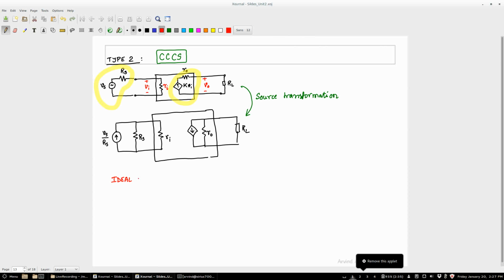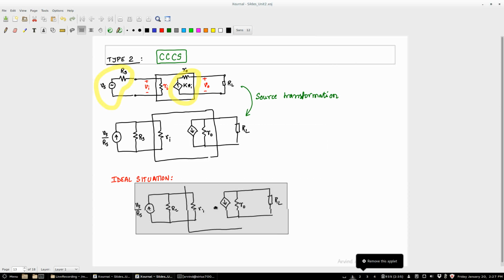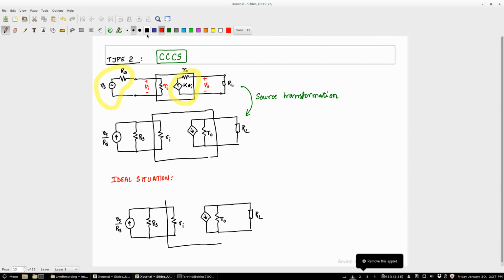Now let me motivate this particular equivalent circuit, which can actually be looked upon as a current controlled current source. Okay. If I want to make this circuit a current controlled current source, what should be the ideal situation? First, we'll just take this here, keep it. So what should I do?